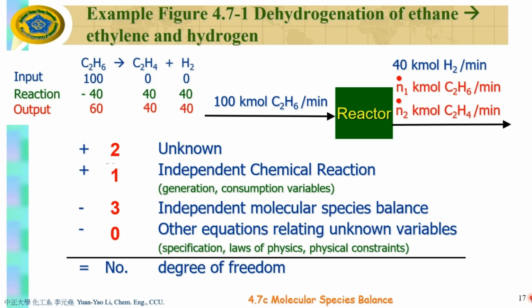using molecular species balance. And what can you do? You just do the calculation, right? Okay. So how do you do the calculation? Input plus generation equal to output plus consumption, right?